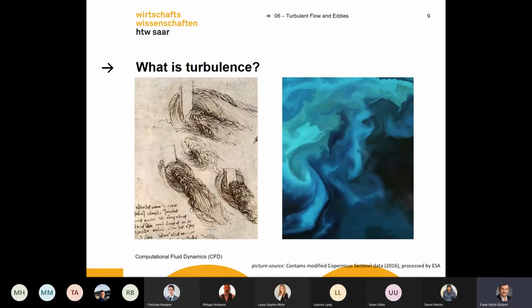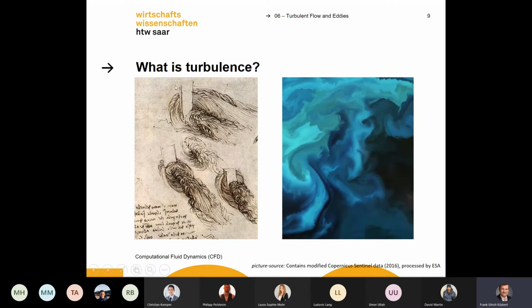If you look at this picture, you see turbulent flows, and of course, you can see on this picture that it will be really difficult to describe this with a differential equation.